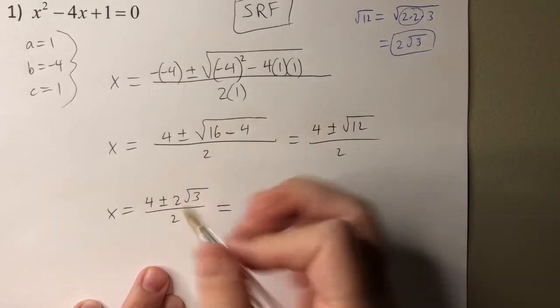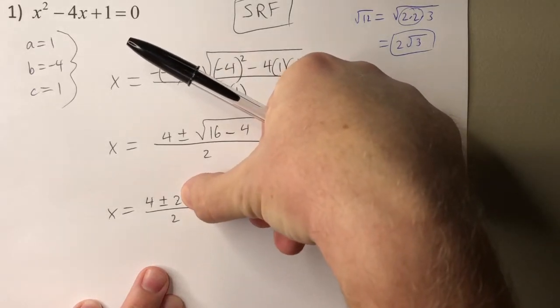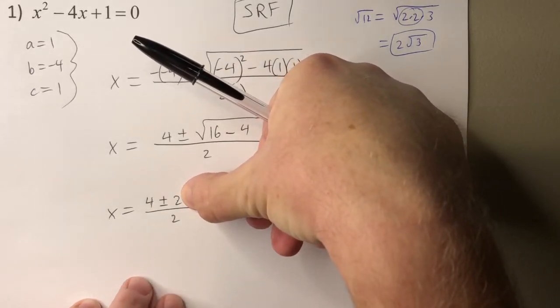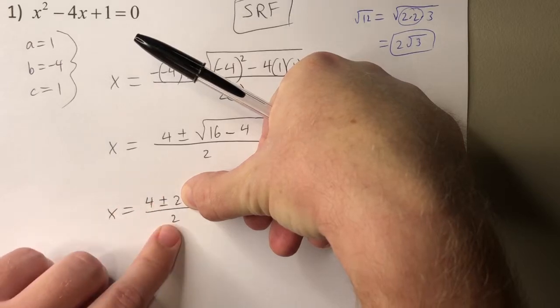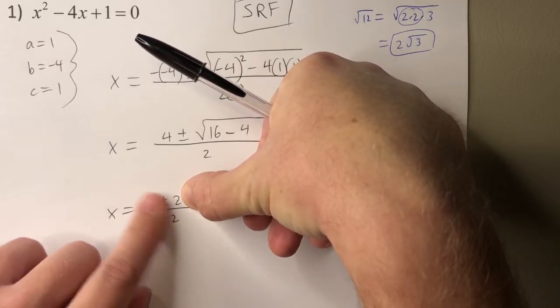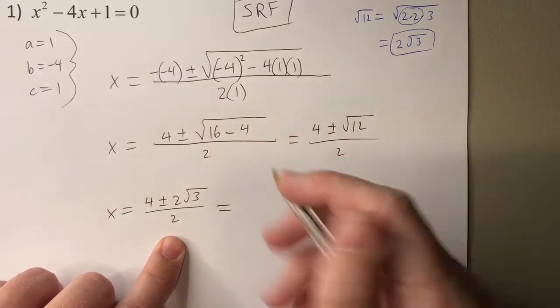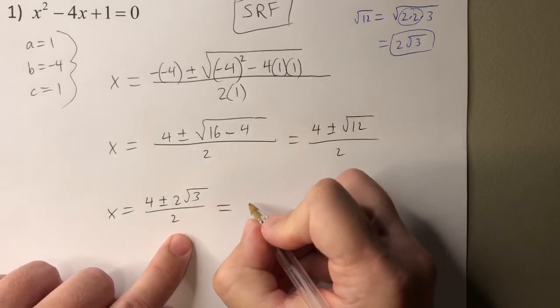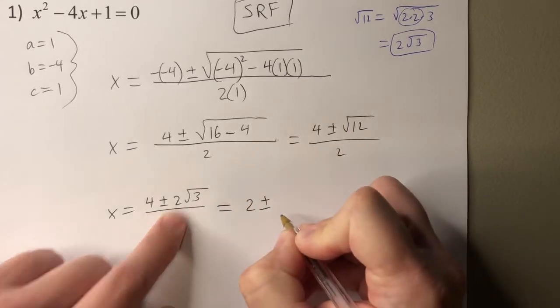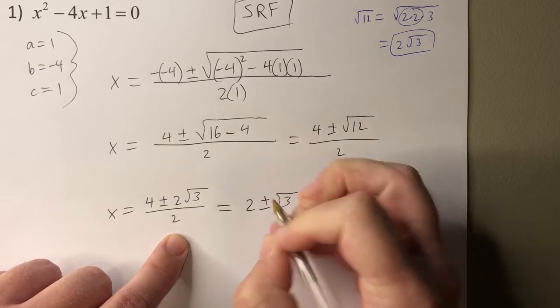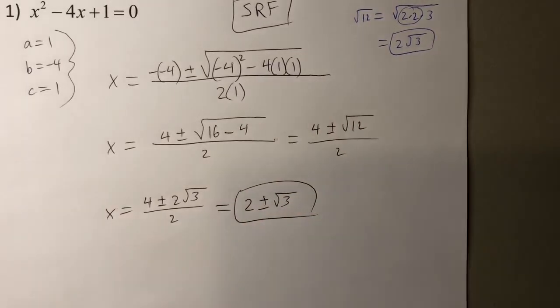Once you put the radical in simplest radical form, it's locked in. It's set in stone now. Just look at these numbers. They're all even. So they can reduce by 2, right? Okay, so 4 halves is what? 2. 2 over 2 is 1. So those are your final 2 answers.